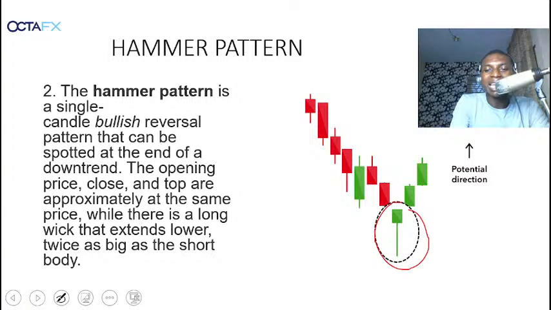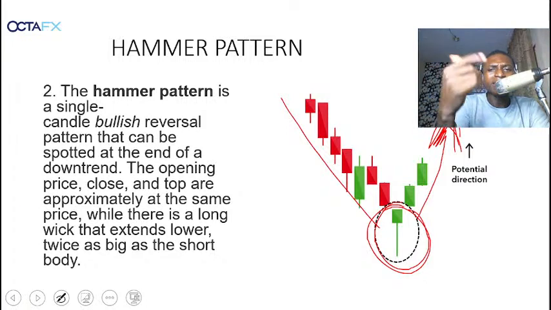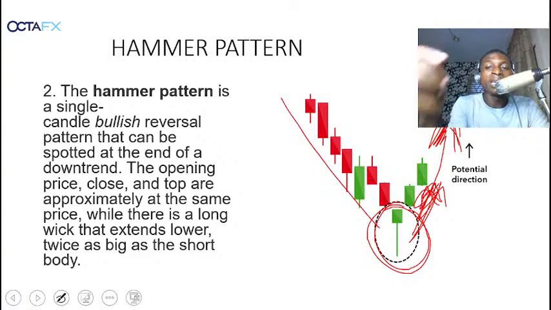So when there's a downtrend and a hammer is spotted, it's a signal that there is a reversal. There are several hammers in our chart, so when you spot them like that, it's a signal of a reversal, especially when it is in a higher time frame.